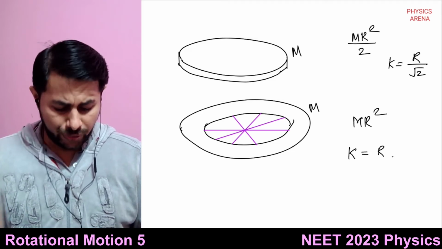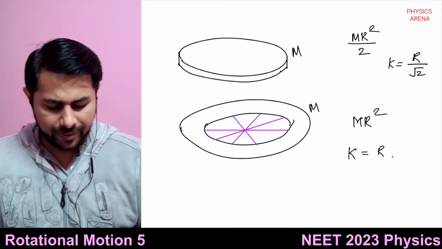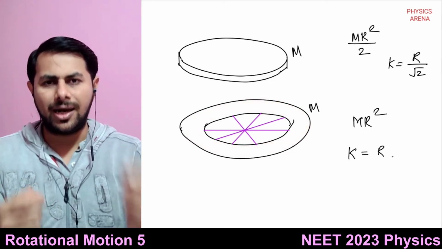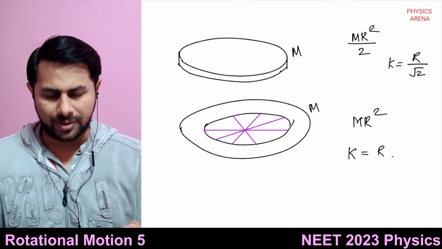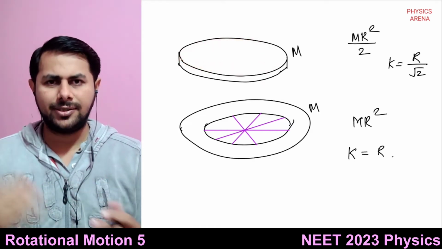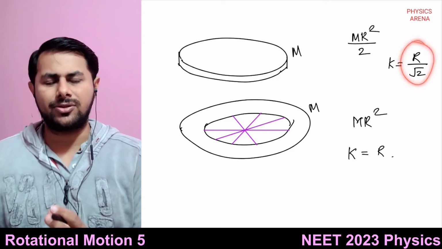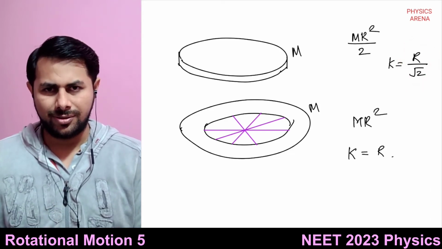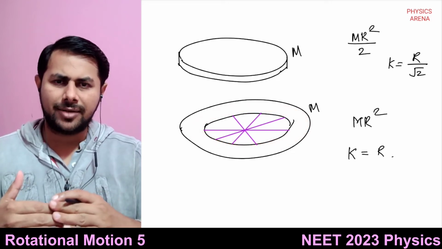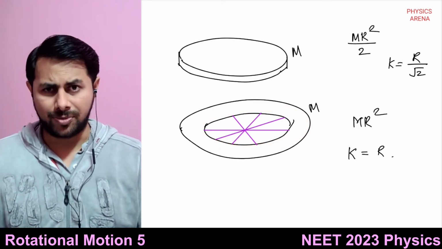So you can say that the mass of this body is distributed at a distance of r from the axis of rotation. The mass of this body is distributed at a distance of r by 2 from the axis of rotation. For this body, mass is at more distance from the axis of rotation.